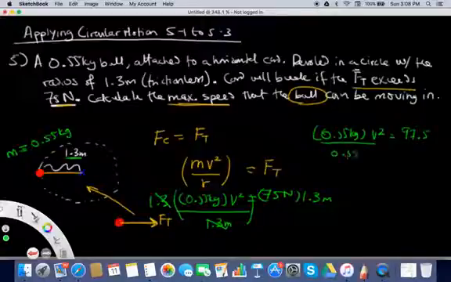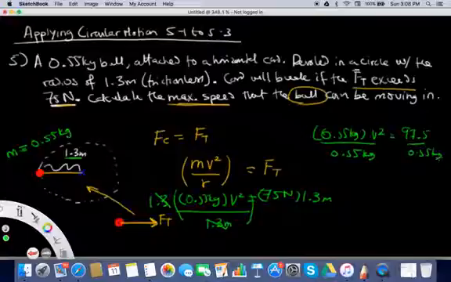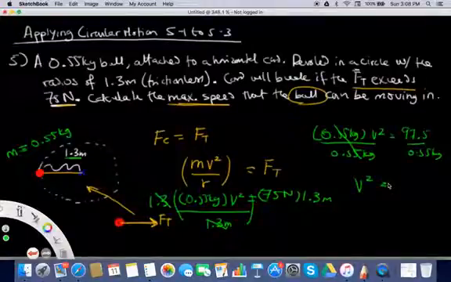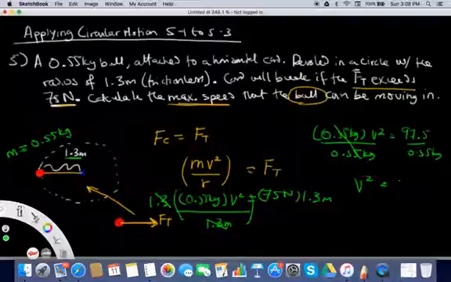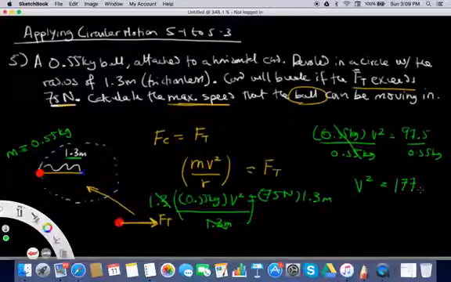Divide both sides by 0.55 kilograms, and you're given v squared to be 177. So v squared is equal to 177.3.